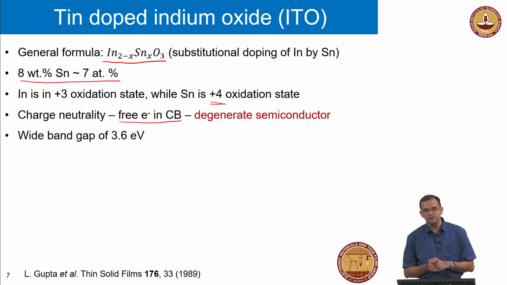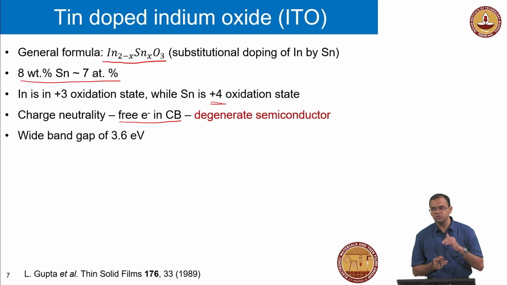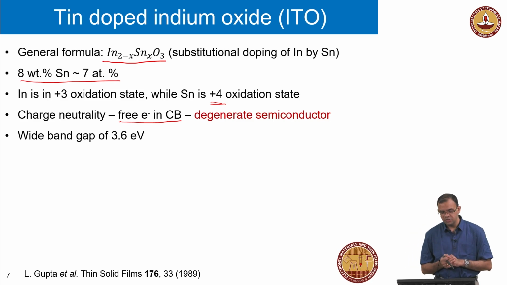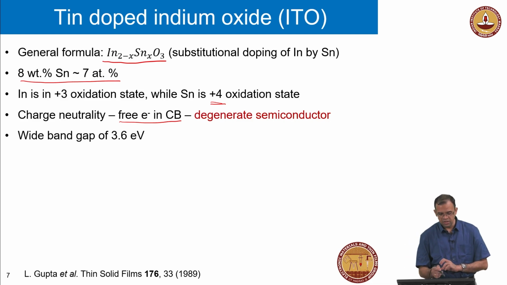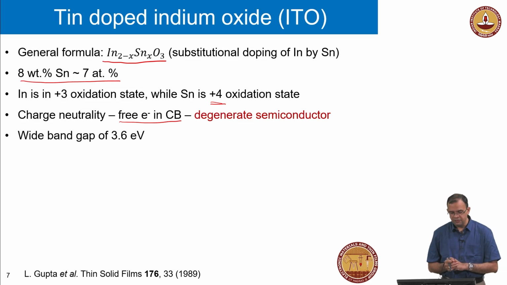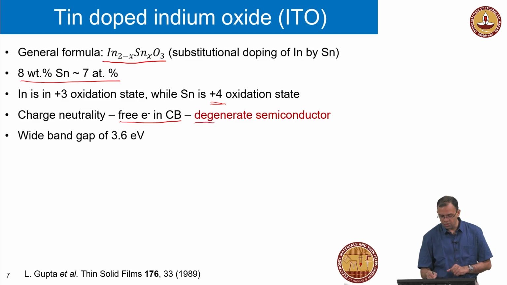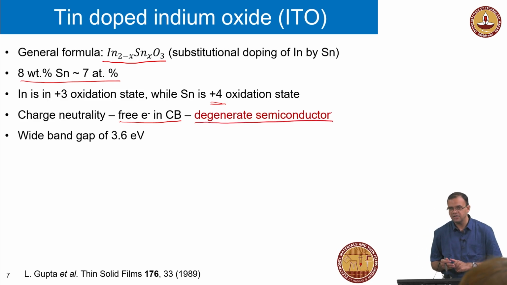So the defect state is a state that is close to the conduction band edge, so that thermal vibrations are sufficient to excite those electrons to the conduction band, so that we have free electrons in the conduction band. When we dope tin with indium oxide, we form what is called a degenerate semiconductor.